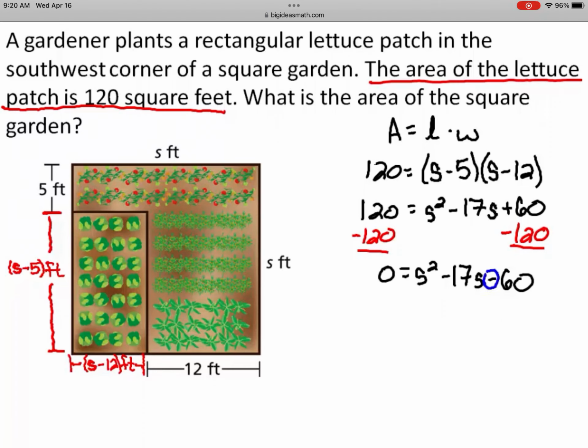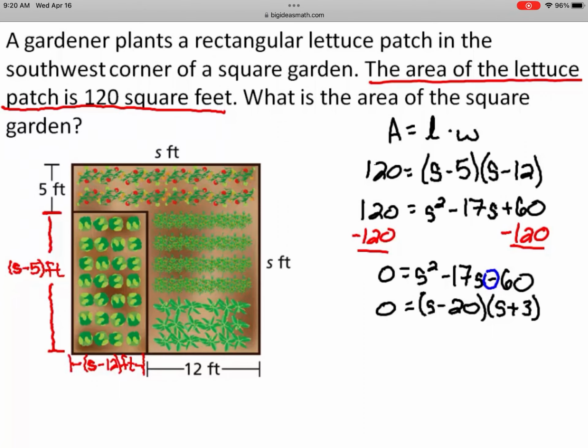Because c is negative, the factors p and q must have different signs so that pq is negative. Two integer factors of negative 60, whose sum is negative 17, are negative 20 and 3. So s squared minus 17s minus 60 factors as the quantity s minus 20 times the quantity s plus 3.